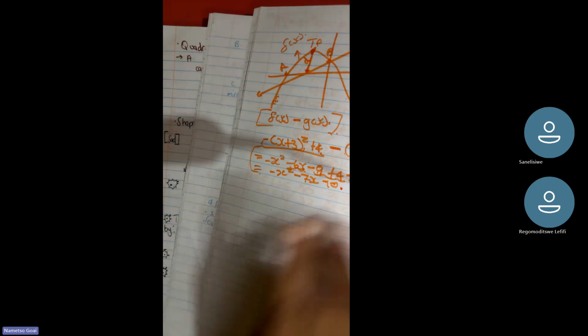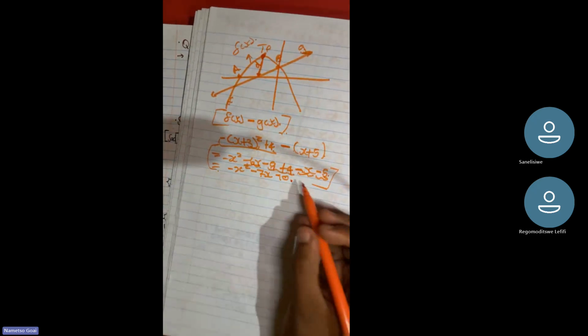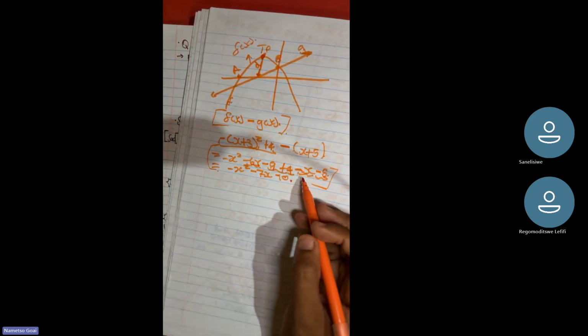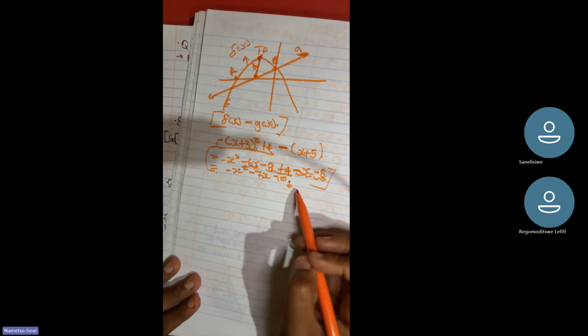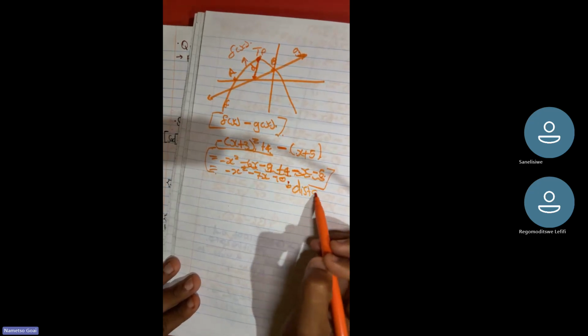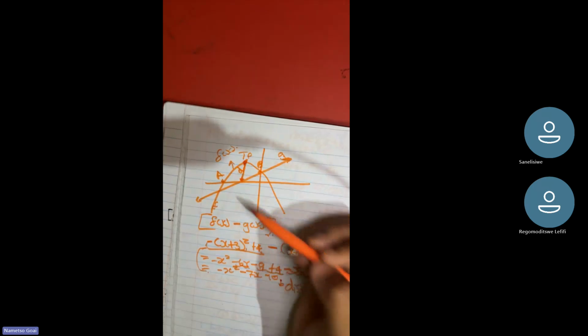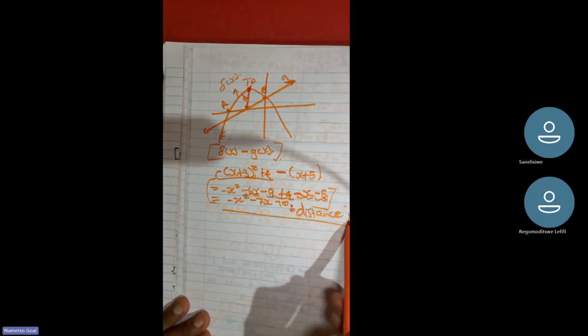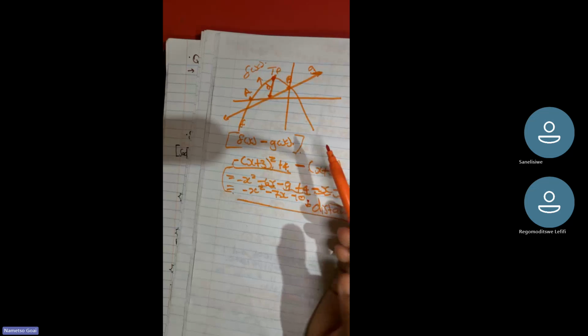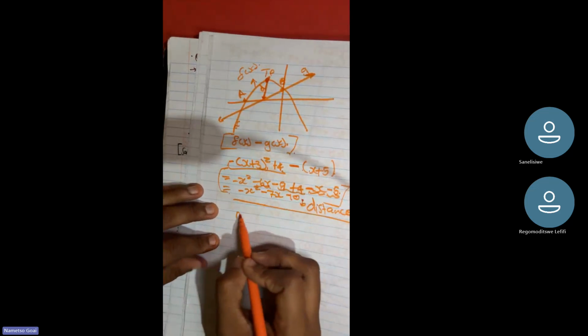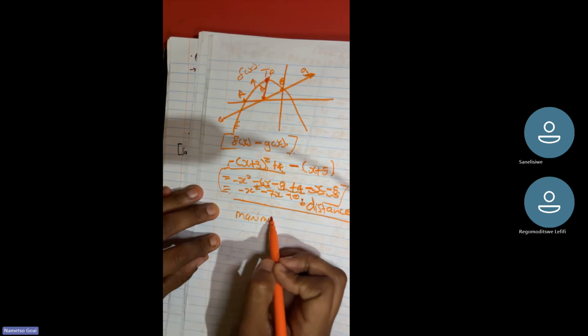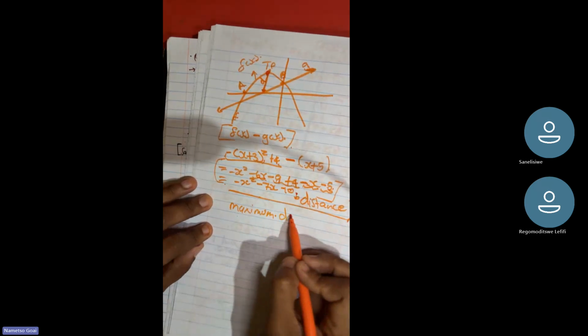Because remember, this is just the distance equation between the two graphs. This is not the maximum distance yet, it's just the normal distance between the two. But in order to find the maximum distance, we have to find the derivative first.